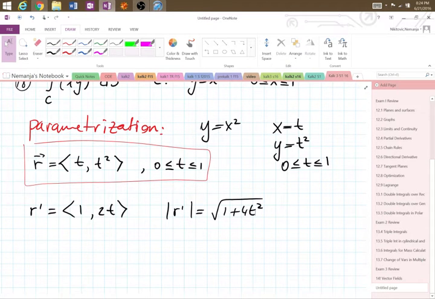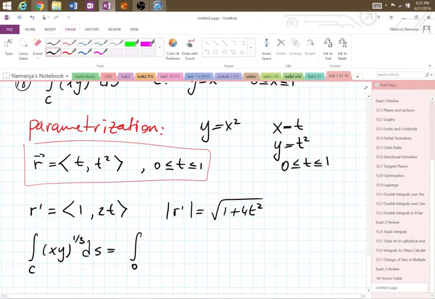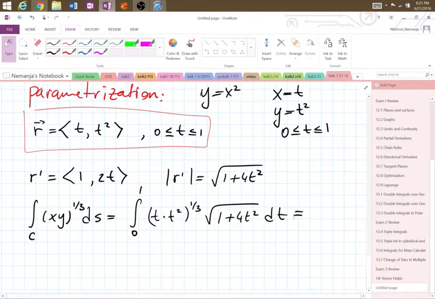Just leave it. So the integral over curve C of xy raised to the 1/3 ds is going to be the integral from 0 to 1, because that's our t limits. Now x is t, y is t squared, all of that to 1/3, times the square root of 1 plus 4t squared dt.